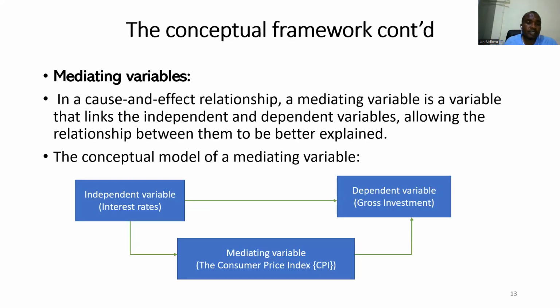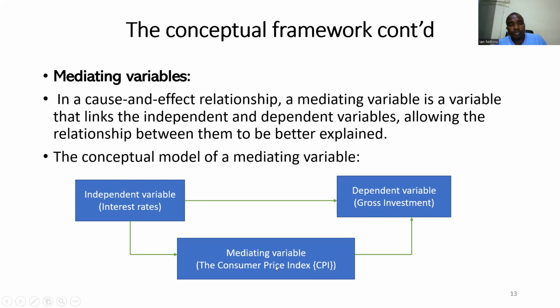Now, when we are looking at mediating variables, in a cause and effect relationship, a mediating variable, as I explained earlier on, is a variable that links the independent and dependent variables, allowing the relationship between them to be explained better. So when you say changes in interest rates have a negative impact on gross investment, without talking about the transmission, the variable in the transmission mechanism, which is the consumer price index, one will be presenting an incomplete picture of what is going on.